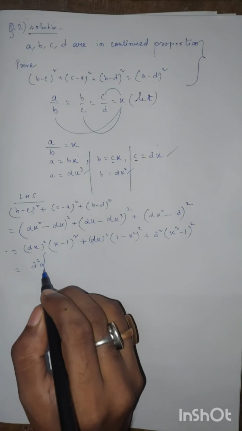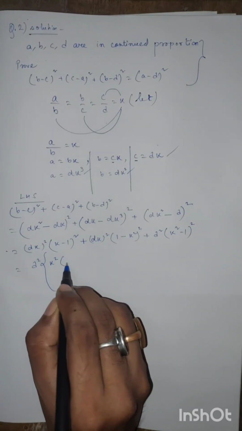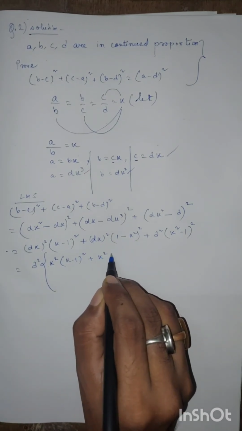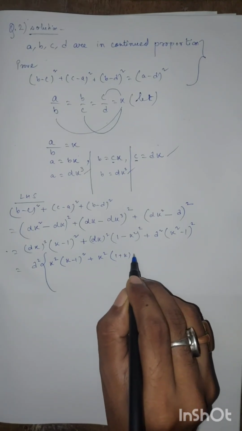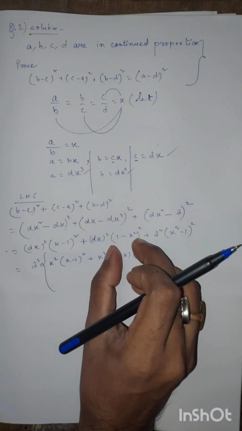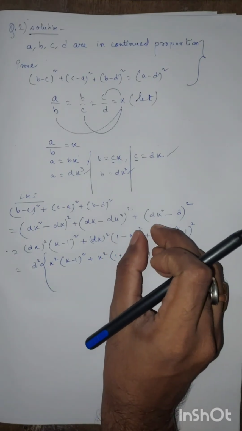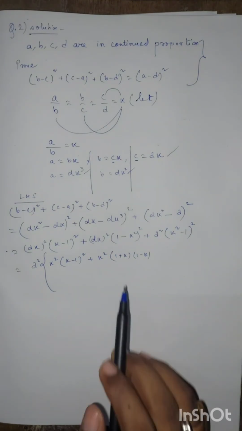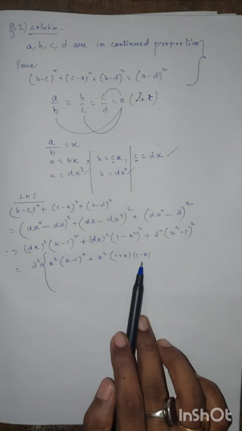Now we can write 1 minus k square as 1 plus k into 1 minus k.